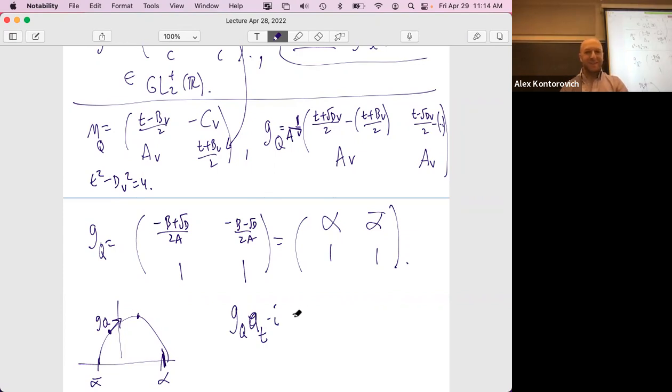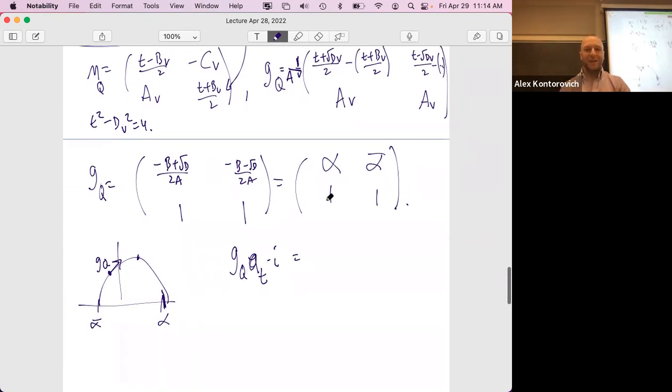First of all, this is just e to the t times I, because there's an e to the t over 2 on top and bottom, az plus b over cz plus d. So this thing times g is alpha e to the t times I plus alpha bar over 1 times e to the t times I plus 1.